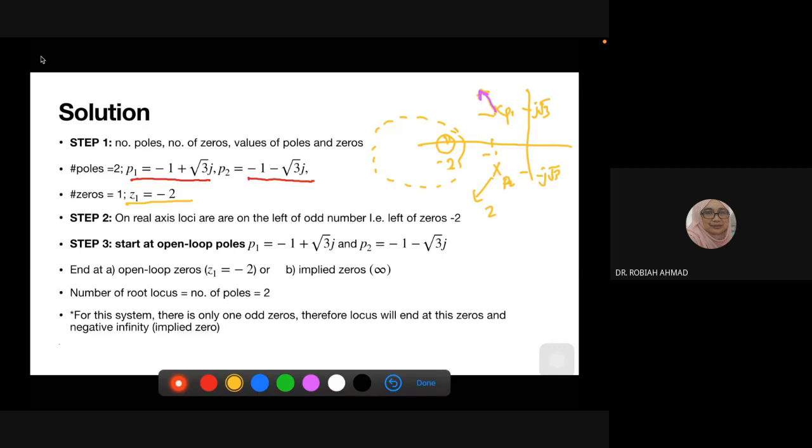So start at P1 and P2, purple and yellow yang saya tanda di sini, and then kalau ada zeros dia akan end di zeros, kalau ataupun yang lainnya dia akan end pada infinities. Okay, so how many root locus do we have in this example? Number of poles is 2, so we're going to have 2 root locus. Kalau tengok pada sini, purple and yellow. Okay, so far step 1 sampai step 3, okay?